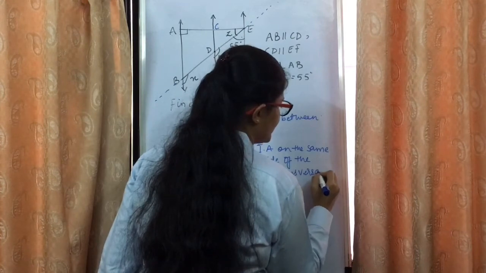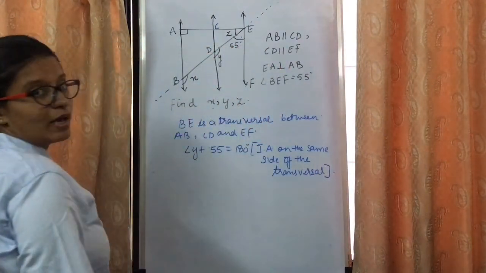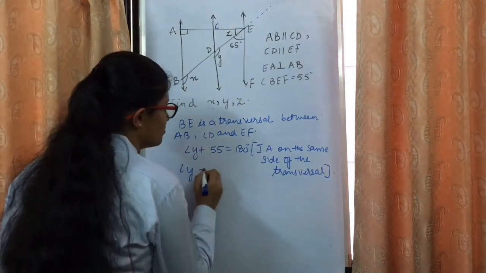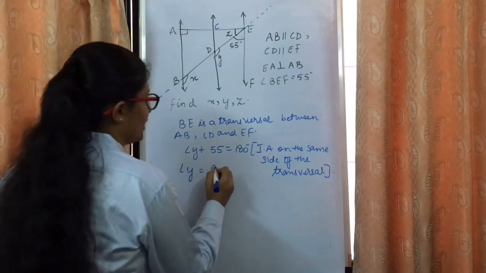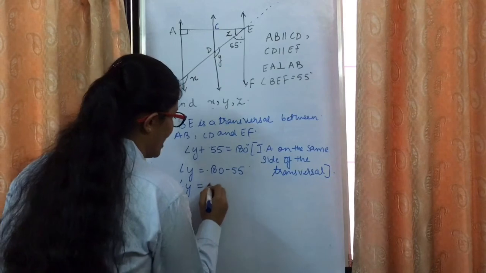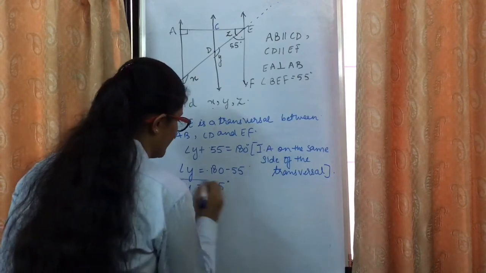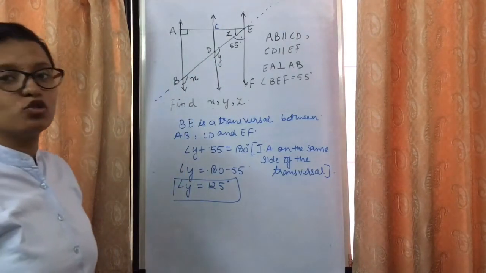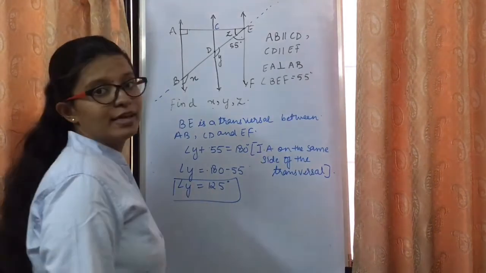If they are on the same side of the transversal, the angles are supplementary. So angle Y comes out to be 180 degree minus 55, which will give you angle Y as 125 degrees.